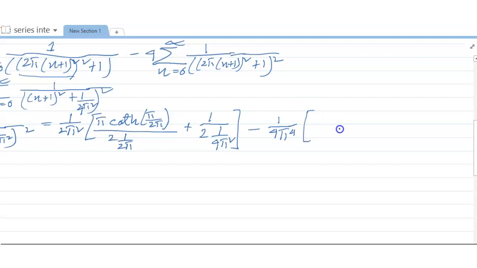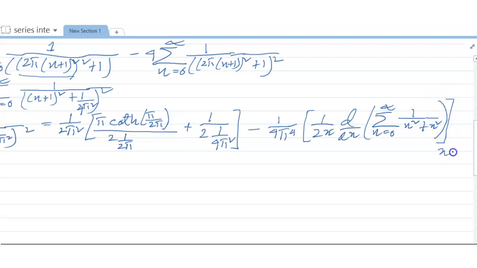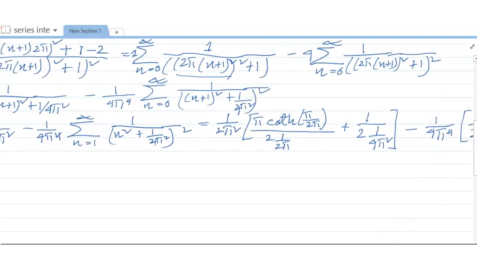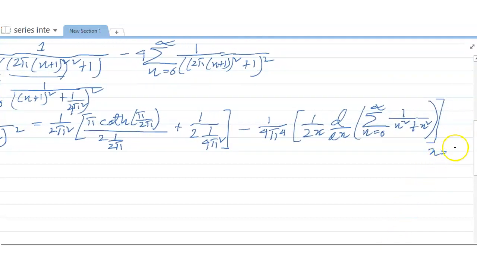Into, it can be written this way, 1 by 2x d/dx into summation n equals 0 to infinity 1 by n square plus x square, where x is equal to 1 by 2 pi.